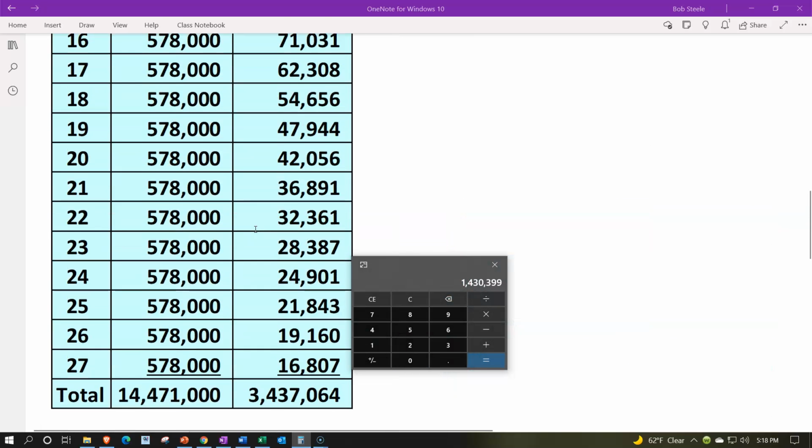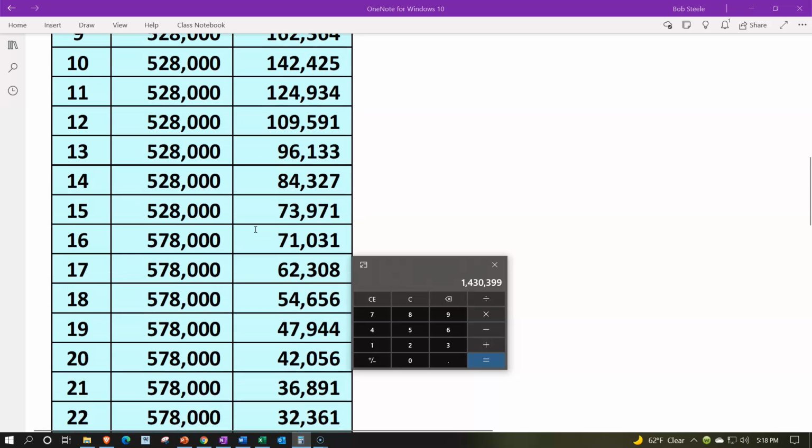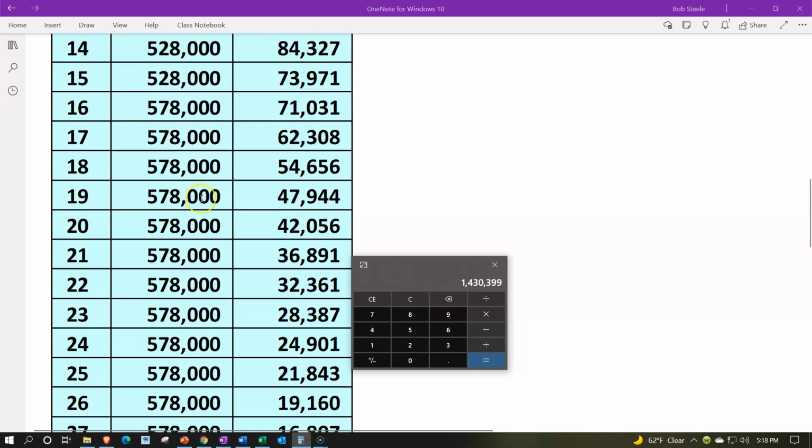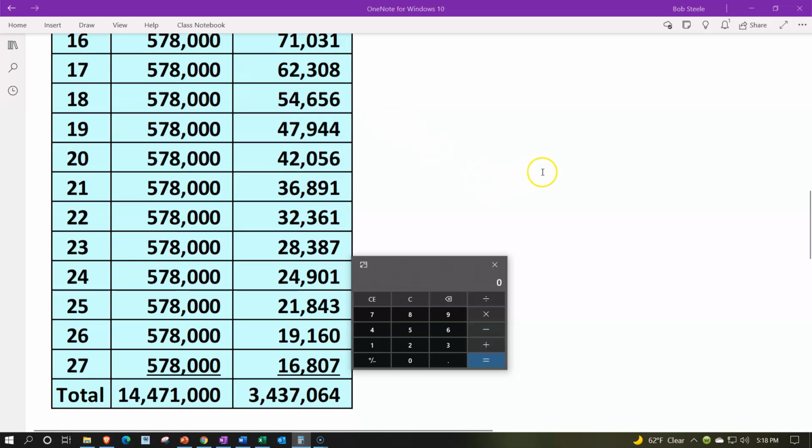And let's do the last one. See if that one ties out. That's going to be from 16 on down to the end. 16 till the end. So let's bring that down a bit. 71,031 plus the 62,308 plus the 54,656 plus the 47,944 plus 42,056 plus the 36,891 plus 32,361 plus 28,387 plus 24,901 plus 21,843 plus 19,160 plus 16,807. Whew.